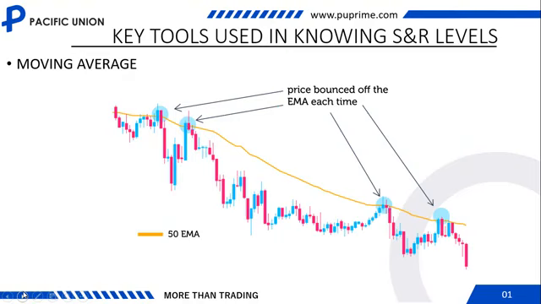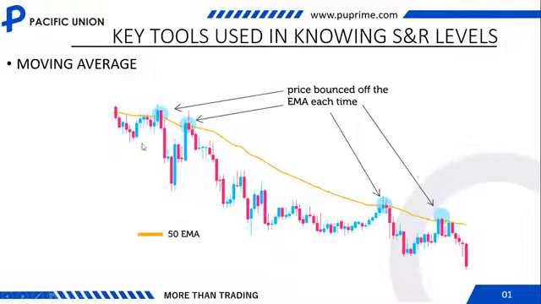Usually in the trading circle, it's just known as the 50 EMA, that's the 50 exponential moving average. Some people call it the golden moving average. As you plot out your moving average, I'm going to show us how to plot that in a minute.